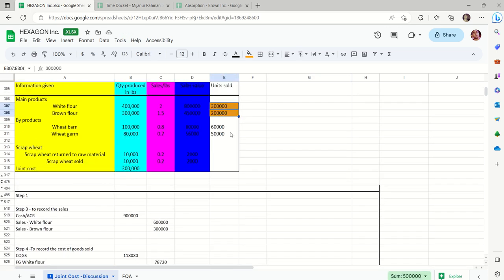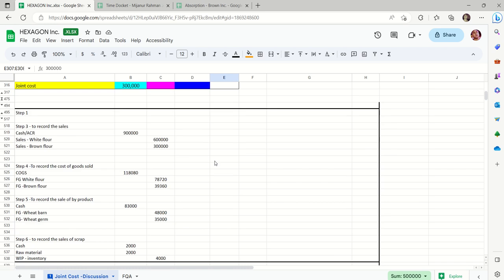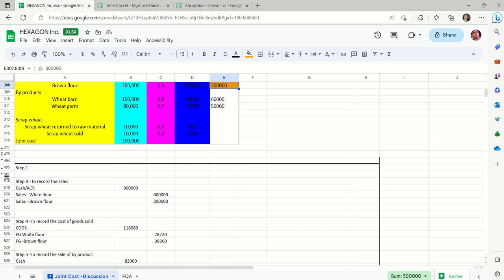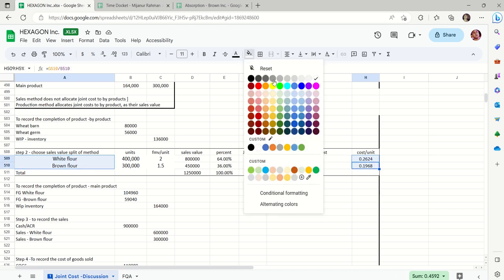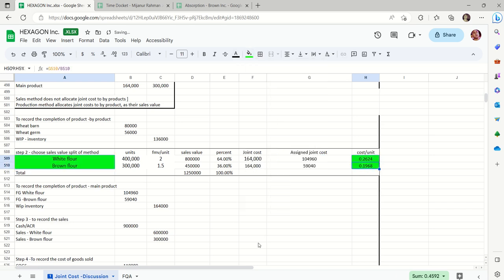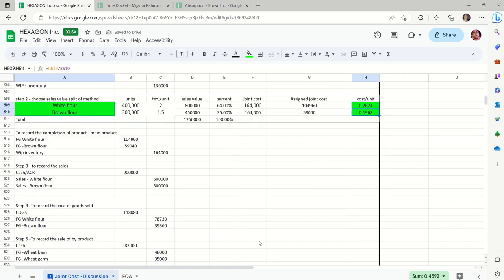So now we know what is our cost. What is the cost that we need to record? Remember, earlier we found out the unit cost for white flour and the unit cost for brown flour right there. You also have it here as well.